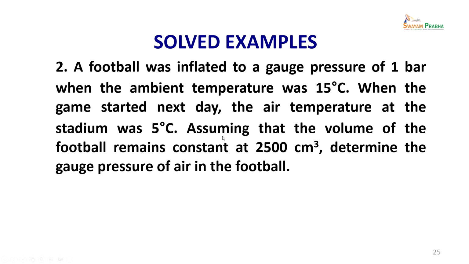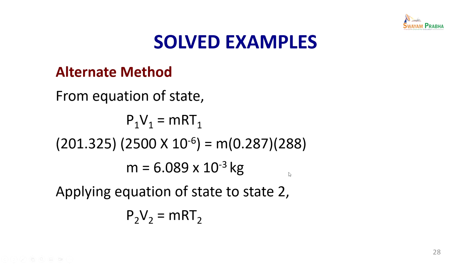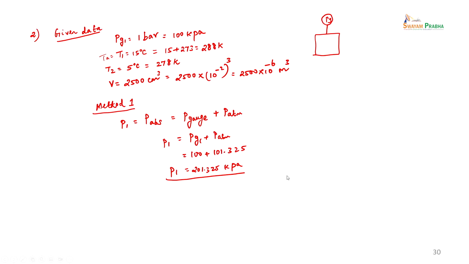And it is clearly given, assuming that the volume of the football remains constant, so it is a constant volume process. Process 1 to 2 is constant volume, that is V equal to constant.